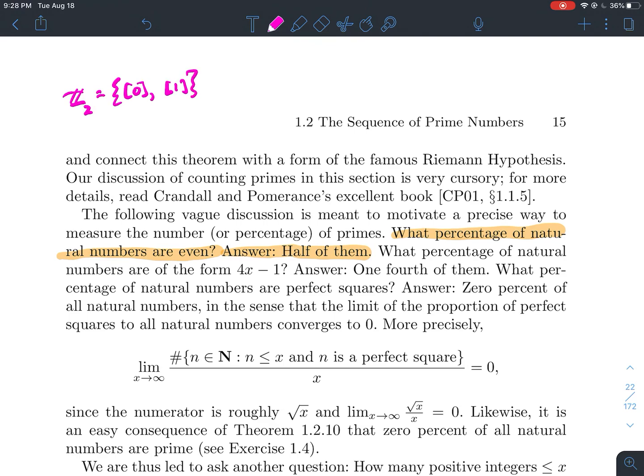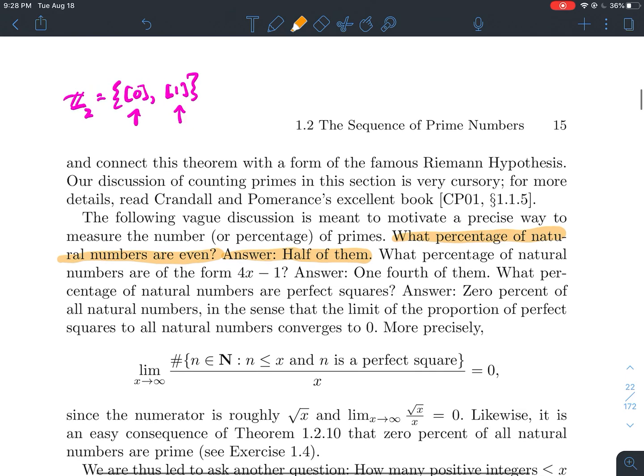And remember, another way to think about these is that this represents all the even numbers, and this represents all the odd numbers. Therefore, how many of the natural numbers are even? Well, they fall in this equivalence class, and there's two possibilities total, therefore 1/2. That's how I might think about that.